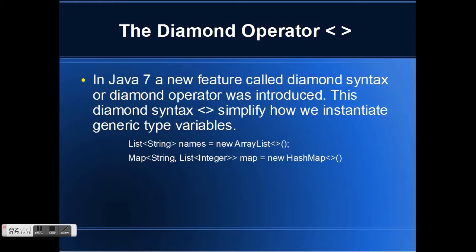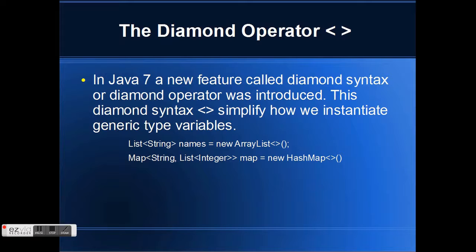In Java 7, a new feature called the diamond syntax, or operator, was introduced. This diamond syntax simplified how we instantiate generic type variables. As you see, List<String> names = new ArrayList<>(), the diamond operator, and the String.